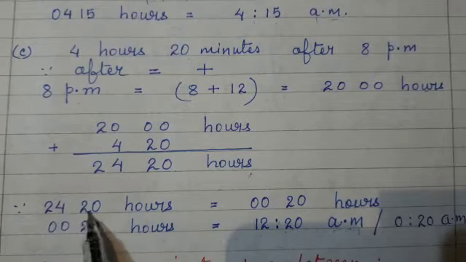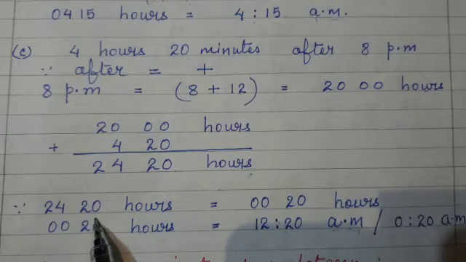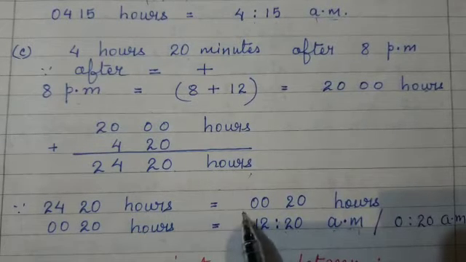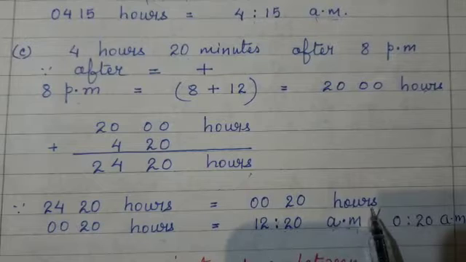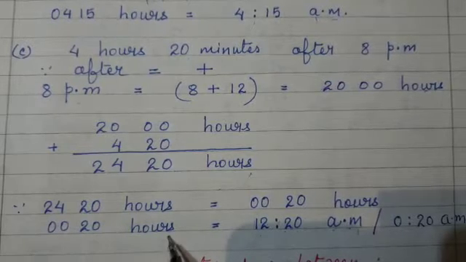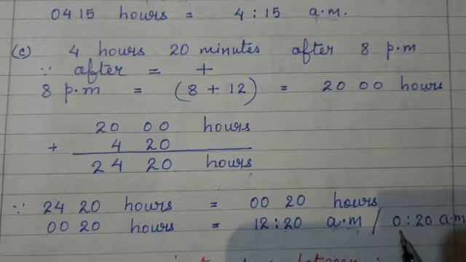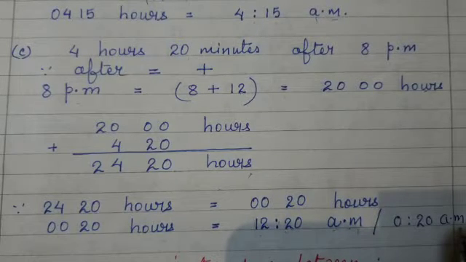So 2420 hours means it is 20 minutes past 12 midnight. So the time will be represented as 0020 hours. So 0020 hours means either we can write it 12:20 am or it is 0:20 am. In this way, we can find out the time.